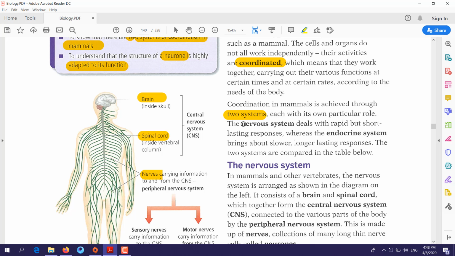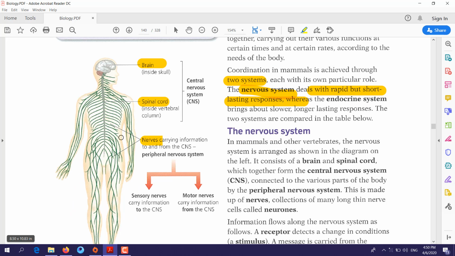If you have a question that asks what's the function of the nervous system, the answer will be it deals with rapid but short-lasting responses. Then another system, the endocrine system, brings about slower, longer-lasting responses.